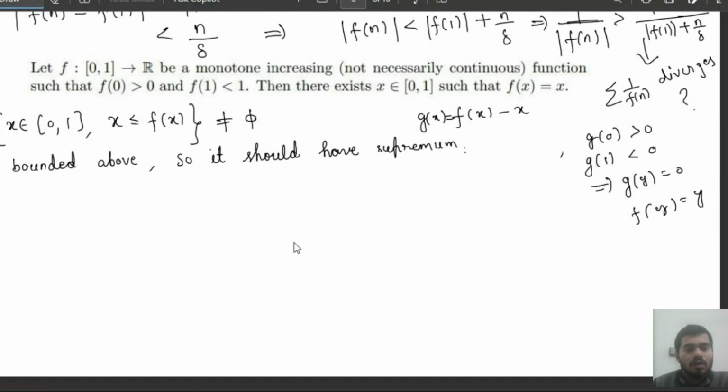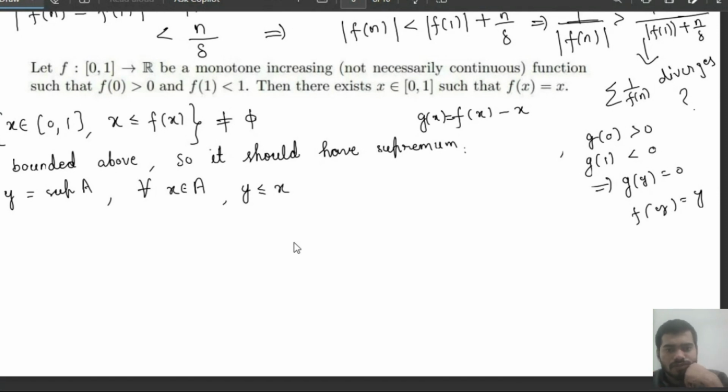Now, since it has a supremum, call bi the supremum of this. What can we say about this bi? First of all, bi is less than or equal to x, isn't it?